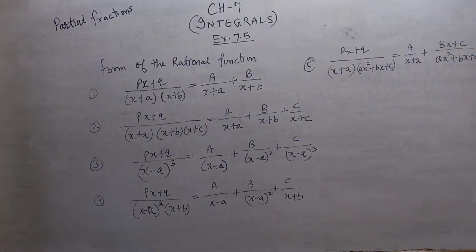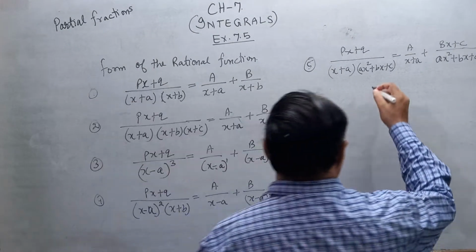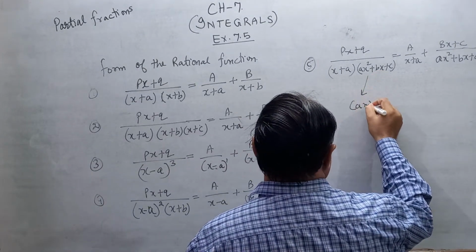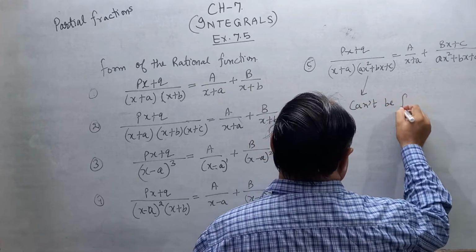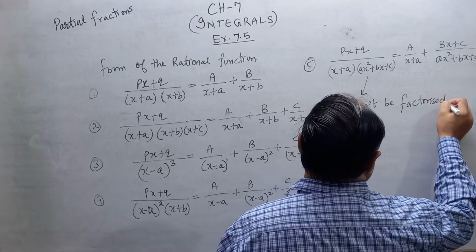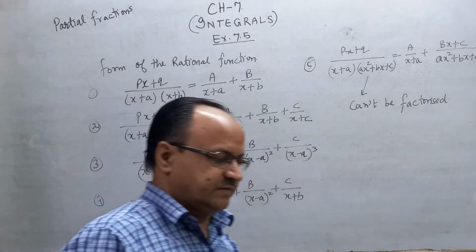Linear upon linear into quadratic. You know that the quadratic cannot be factorized further. This is the important point. Clear? This is the fifth type.